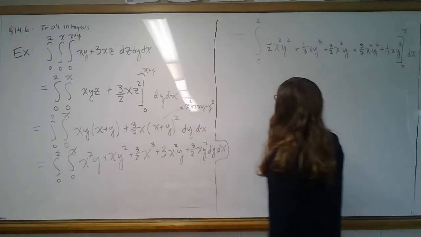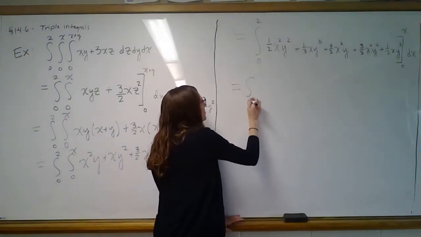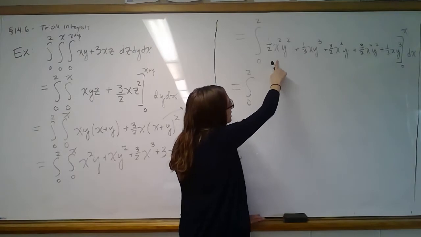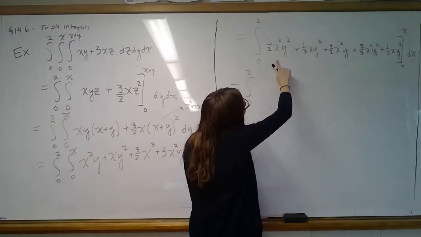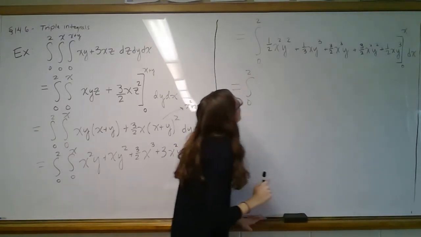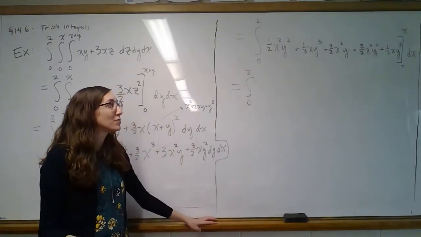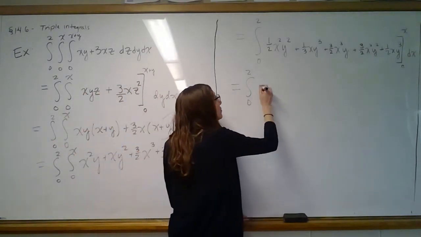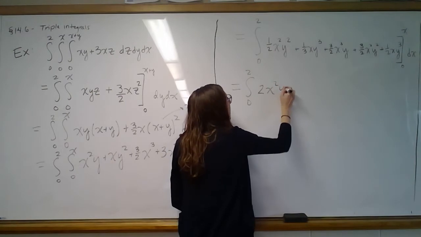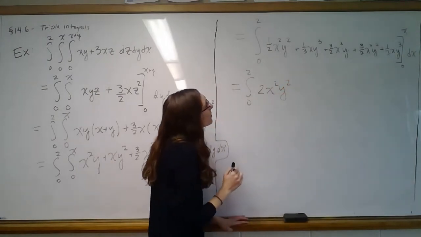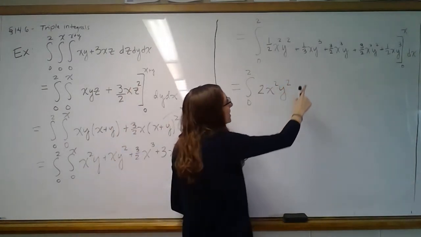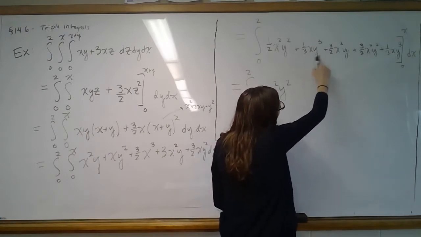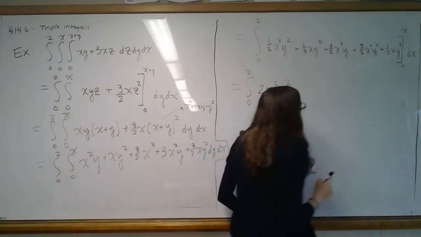So quick, before I plug it in, let's do that simplification that I just mentioned. We've got some like terms. I've got an x squared y squared here, and then another x squared y squared, so I have a 1/2 plus 3/2, which would be 4/2, which is 2. So we've got 2x squared y squared. And then my xy cubed, I have a 1/3, and I have another 1/2.